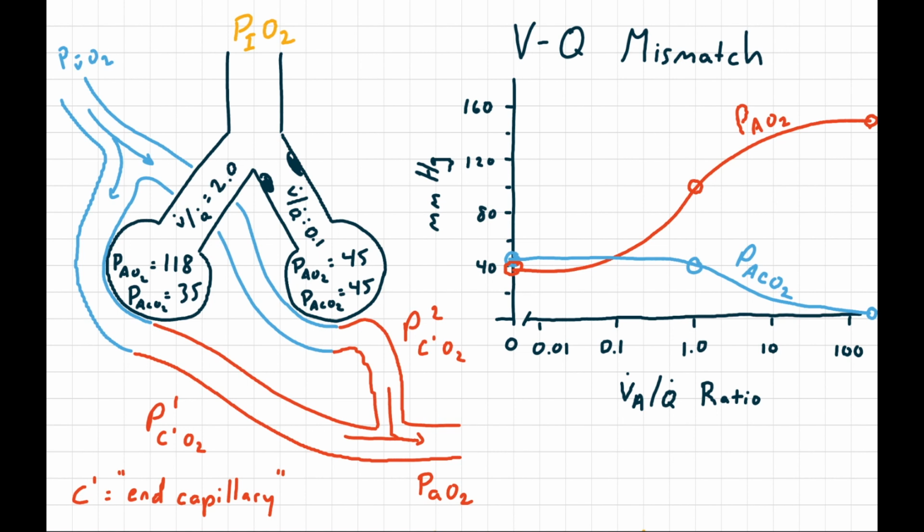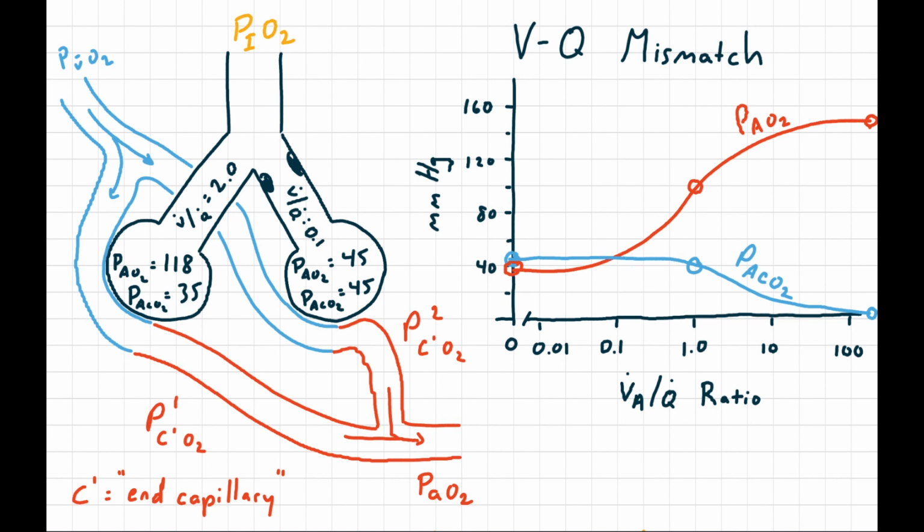The alveolus with a VQ ratio of 2 has an oxygen partial pressure of 118 millimeters of mercury and a carbon dioxide partial pressure of 35 millimeters of mercury, and the alveolus with a VQ ratio of 0.1 has both oxygen and carbon dioxide partial pressures right around 45 millimeters of mercury.